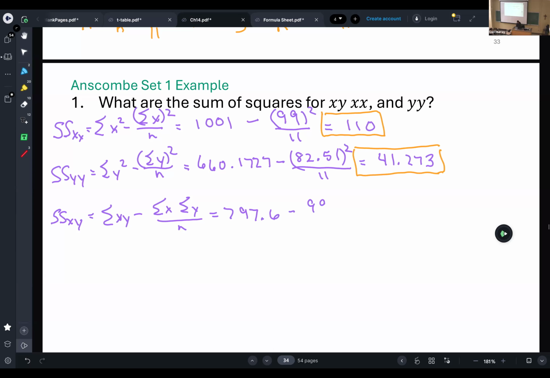And then we have 99 for the x's, 82.51 for the y's, divided by, of course, our 11. It's really important we know these three quantities.